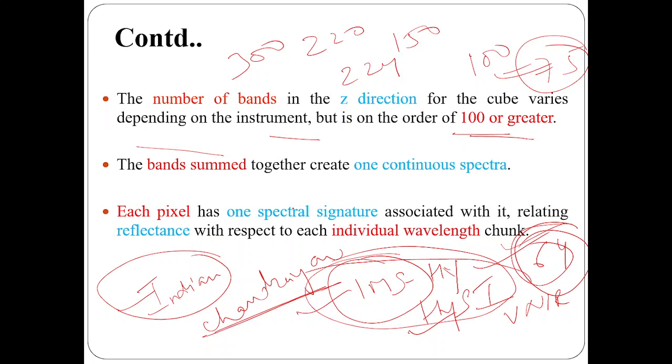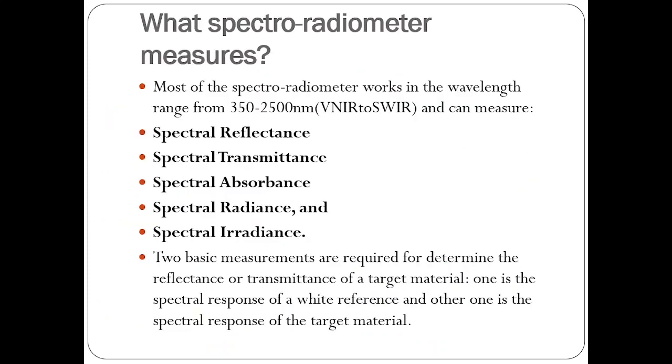Each pixel we get will give a spectral signature with the associated wavelength in which it is captured. Like these 64 bands, all 64 bands will give around 64 spectral signatures in each of the wavelength portions they are covering.